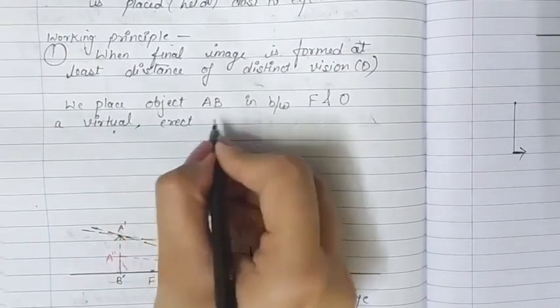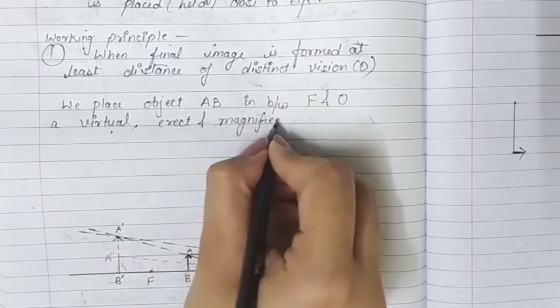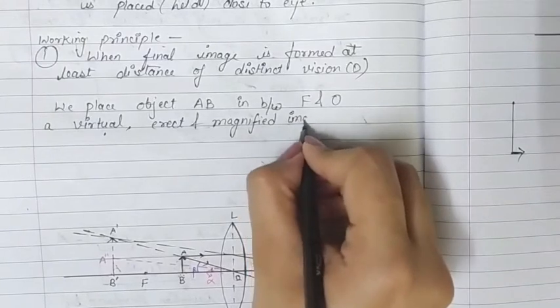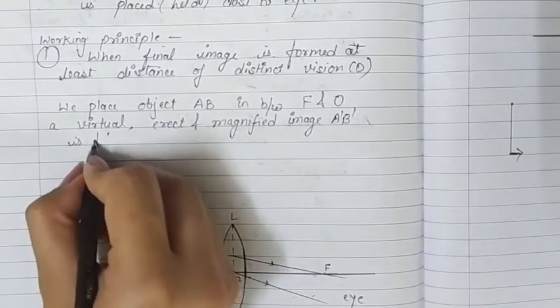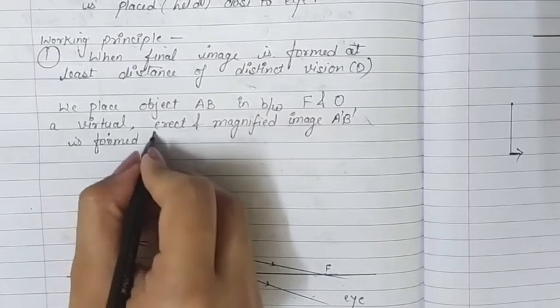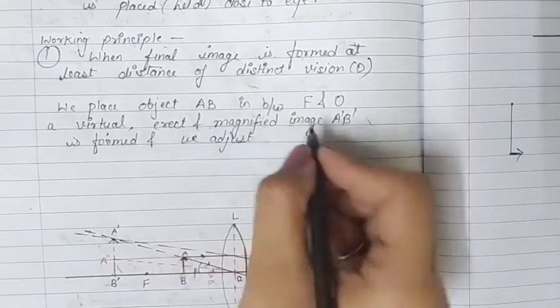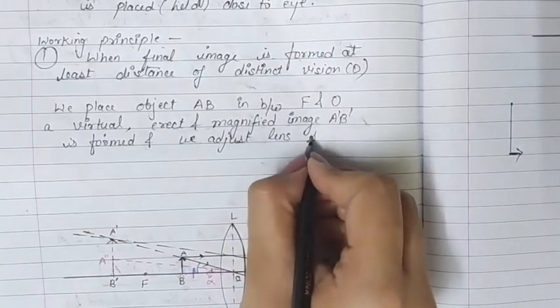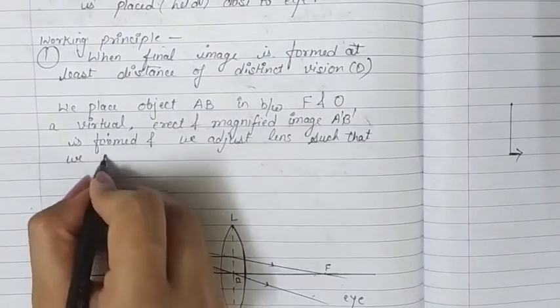So when we place object AB in between focus and optical center, a virtual, erect and magnified image A dash B dash is formed, and we adjust the lens such that we get a clear image.